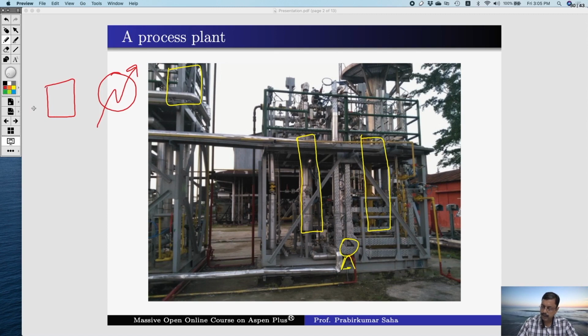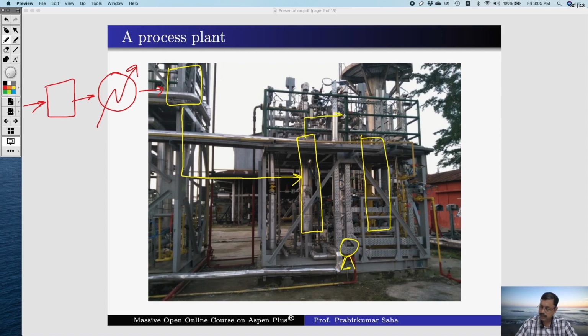So the process feed is passed through this heater and the mixer in series before it is fed into the reactor. The reactor output is then fed into the distillation column.